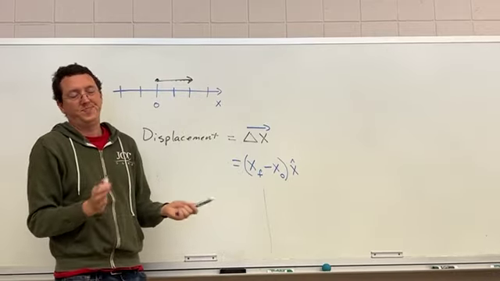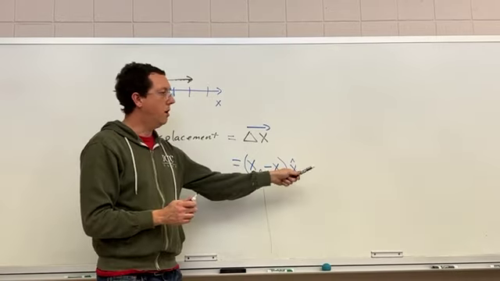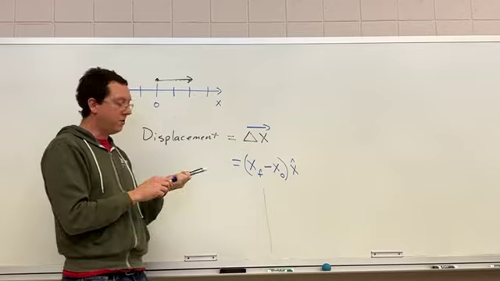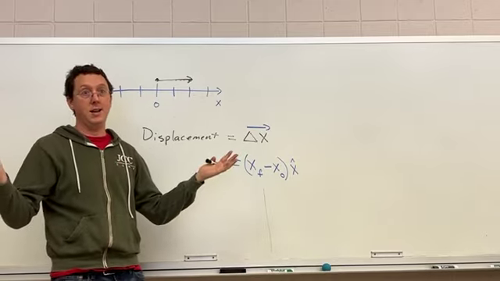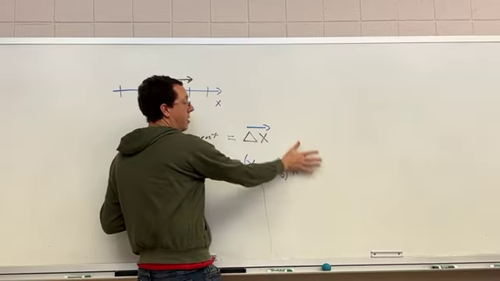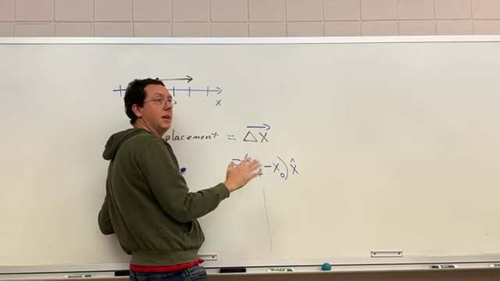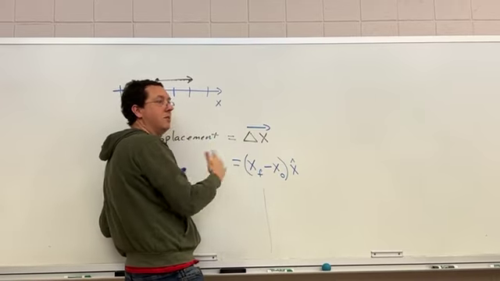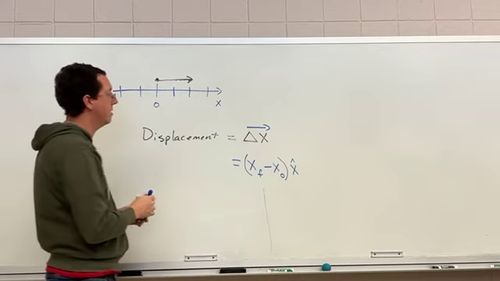However, when we're talking about motion along one dimension, you don't have to worry about keeping track of the difference between x and y, because there is no y. A lot of times I will just drop the unit vector, because there's no ambiguity. If you're only moving in the x direction, everything has a unit vector x hat, and it's fine. When we have two dimensions, then you really have to keep track.